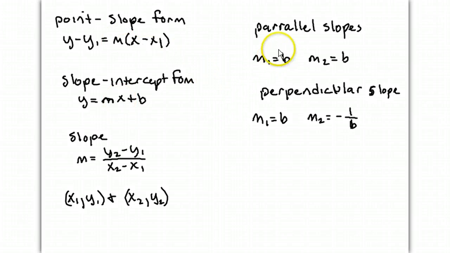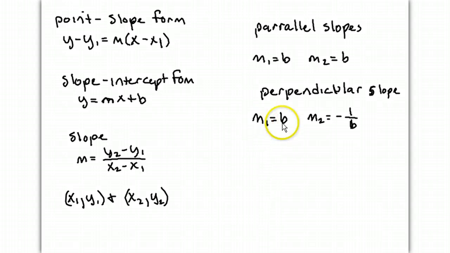Another thing is if you have parallel slopes, that means both the slopes are equal. So if one slope is b, being any kind of number, then the other slope is b as well. And if you have perpendicular slopes, then if one slope is b, the other slope is what's called the negative reciprocal. So it'll be negative 1 over b.